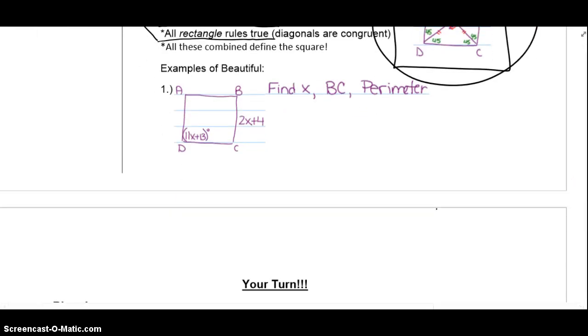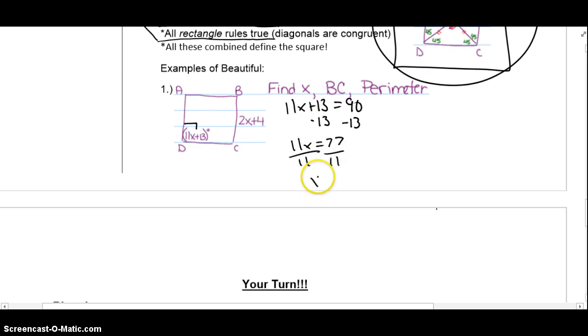All right, let's solve this last one, and then it's time for you to play. First, x. Well, it's got that property of a rectangle, so I know that's 90 degrees. So 11x plus 13 equals 90. Again, this is taking the form of the rectangle properties. I'm going to subtract 13 from 90, get myself 77. So then 11x is going to equal 77. Divide, and x equals 7. Now to get BC, take that x and plug it in for the 2x plus 4.